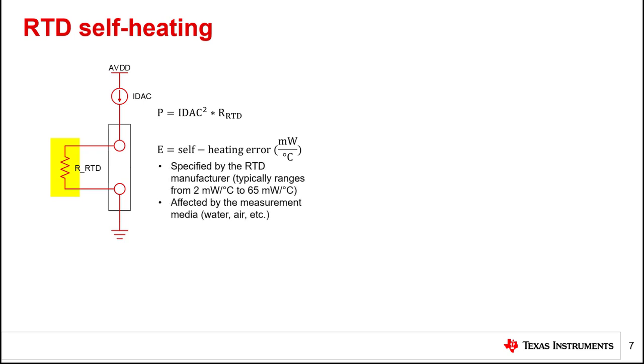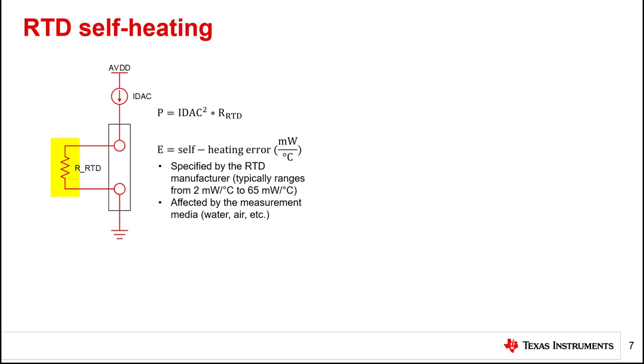Additionally, the sensor has a specified self-heating error, E, that is usually given in milliwatts per degree Celsius. As noted on the slide, E is a parameter that depends on the sensor construction and is specified by the RTD manufacturer. Typical values range from 2 to 65 milliwatts per degree Celsius.